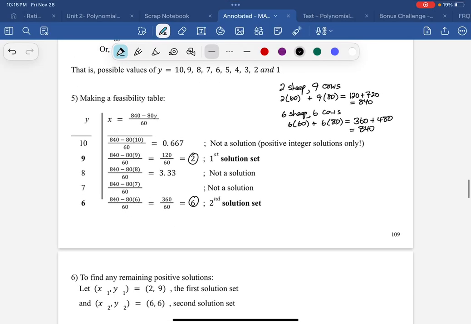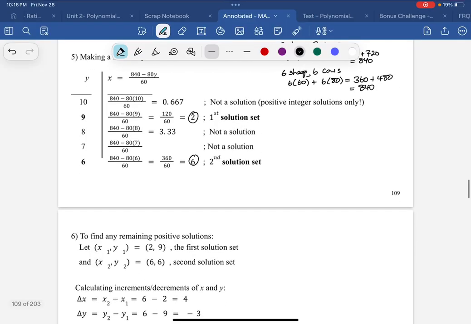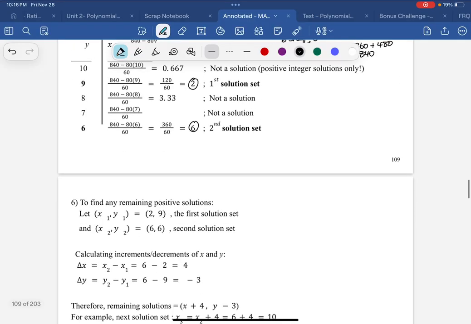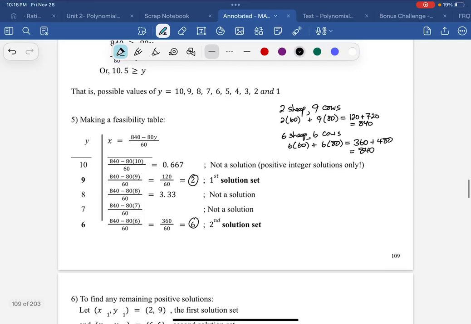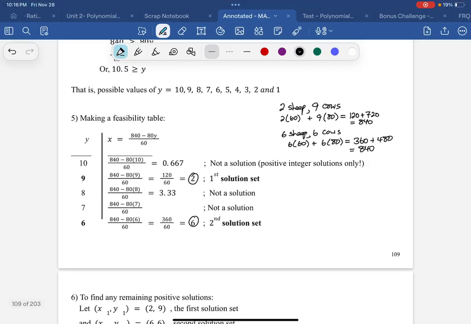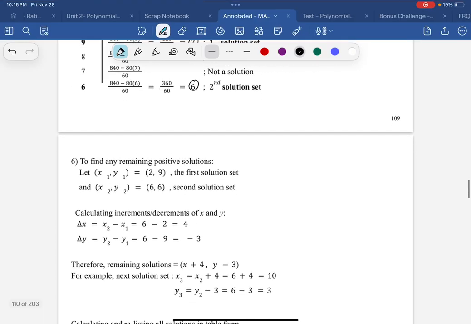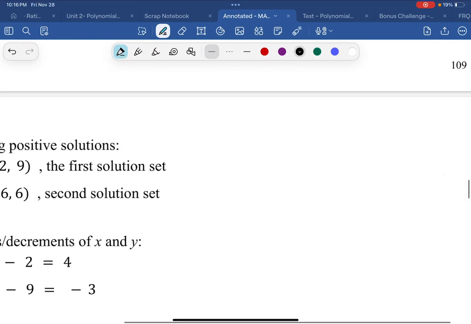Now, we could also find any remaining positive solutions by determining the change in x and the change in y that gets you from one to the other. Again, it's very procedural, and there's a lot going on here. We have our two answers, 2 and 9, 6 and 6.